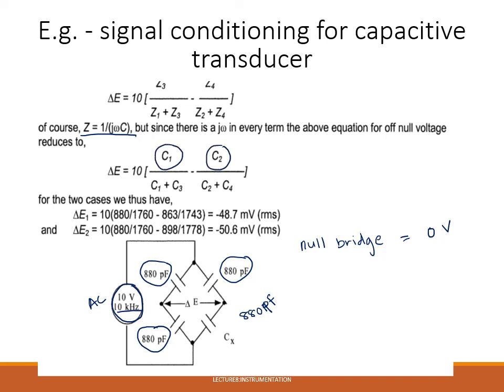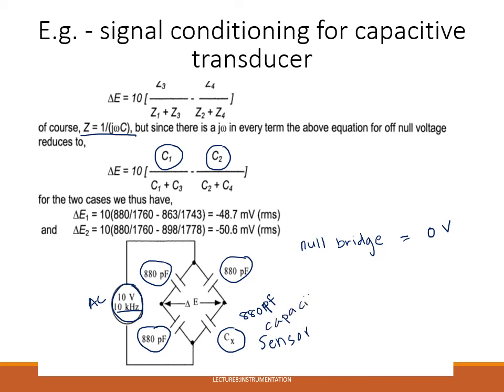So we have C1 over C1 plus C3 minus C2 over C2 plus C4, due to the concept of the voltage divider. So for example, initially we have 880, but then Cx here is our capacitive sensor.